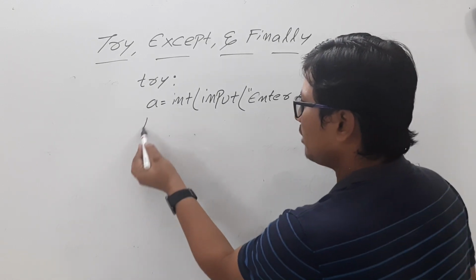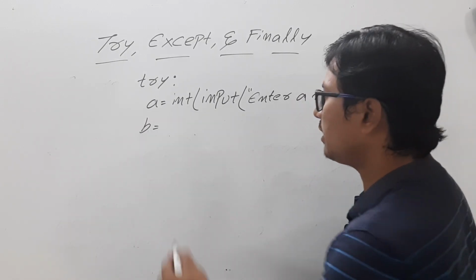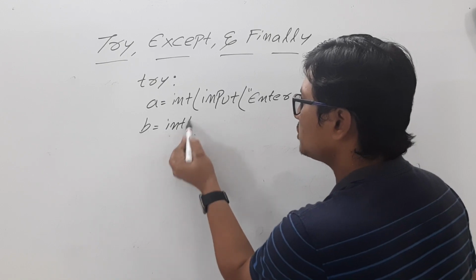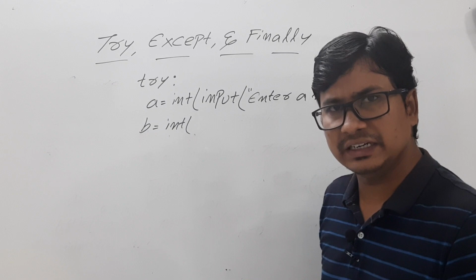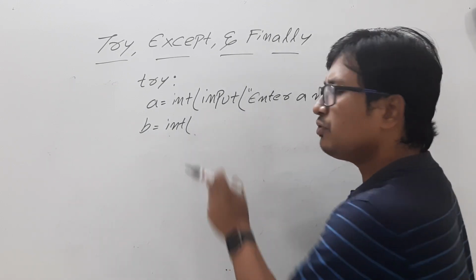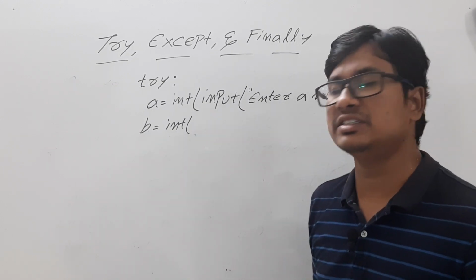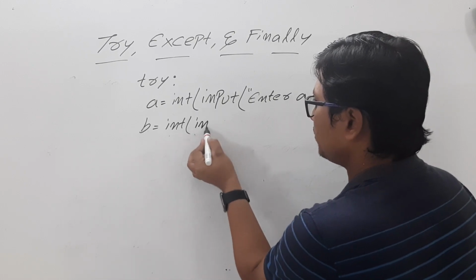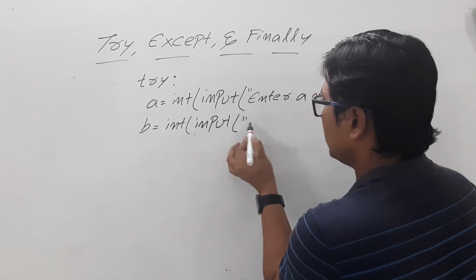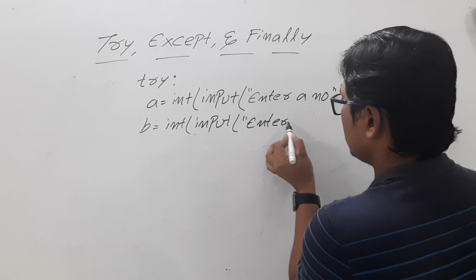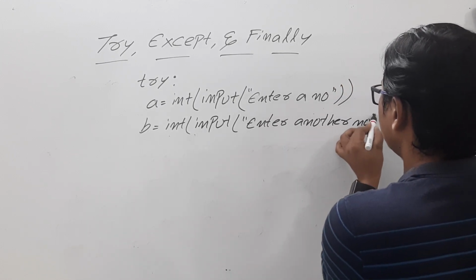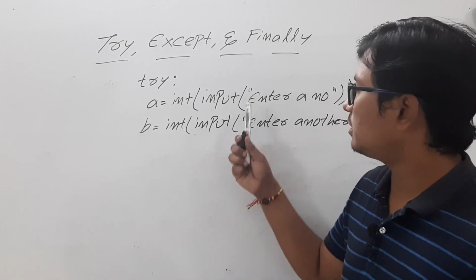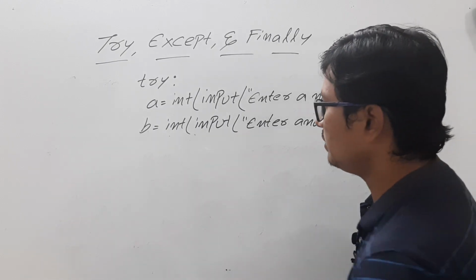Similarly, I will ask the user to enter another number, and whatever value the user enters, I will convert into an integer. Why am I converting into an integer? Because the input function by default returns a string. So input, enter the numerator and enter the denominator.